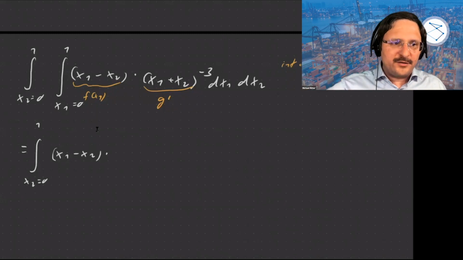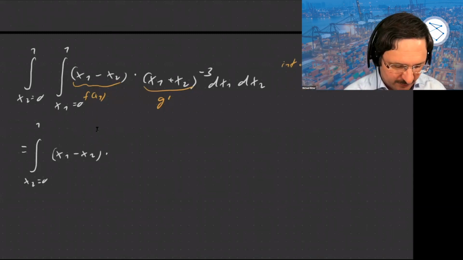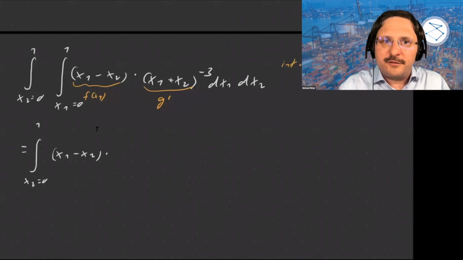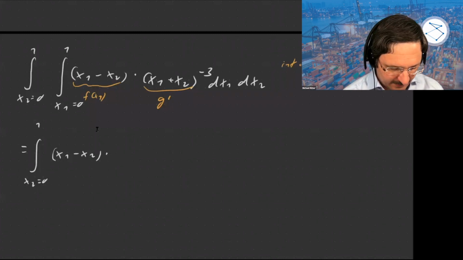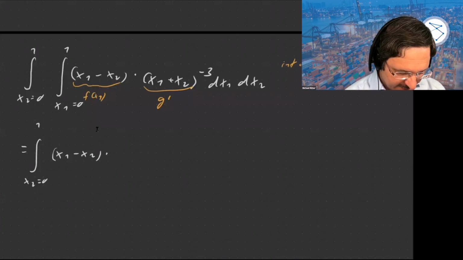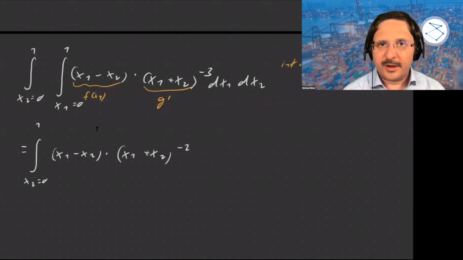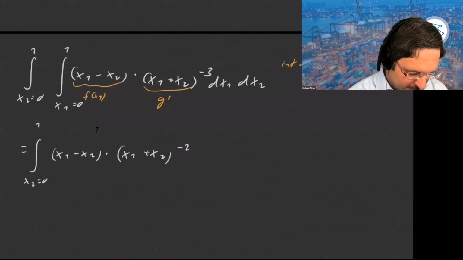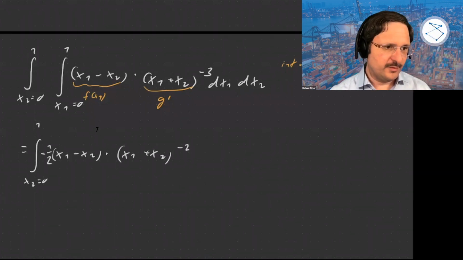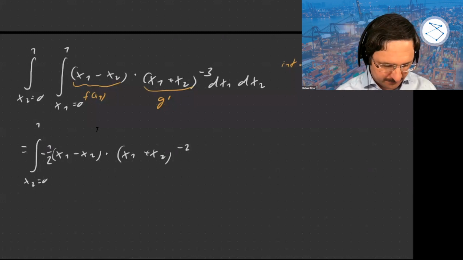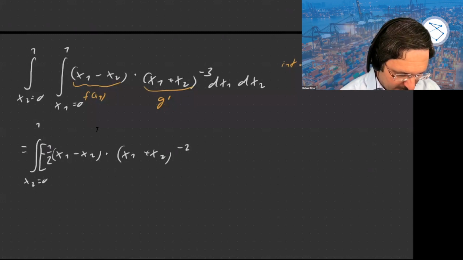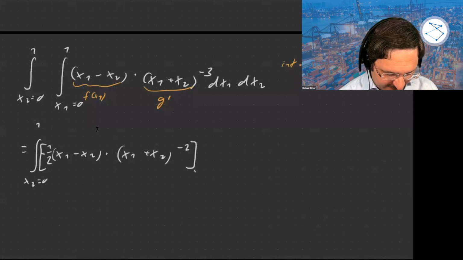That is something to the minus 2 divided by minus 2, right? The reverse of differentiation. So we get this here, x1 plus x2 to the -2, and we have to divide by -2. So we multiply by -1/2. Let's write that in front here. Okay, we have to evaluate that in the boundaries, x1 from 0 to 1.